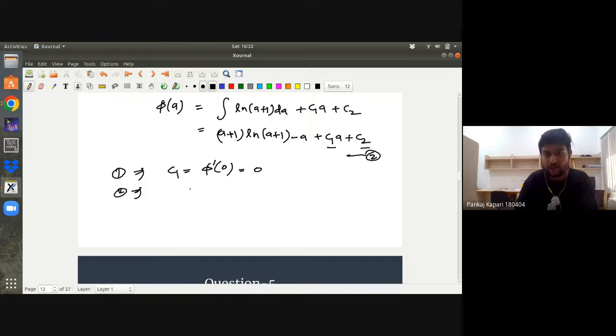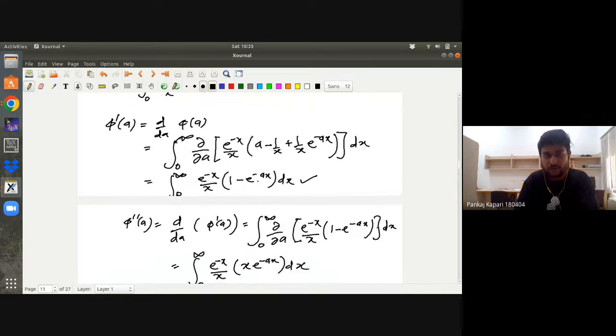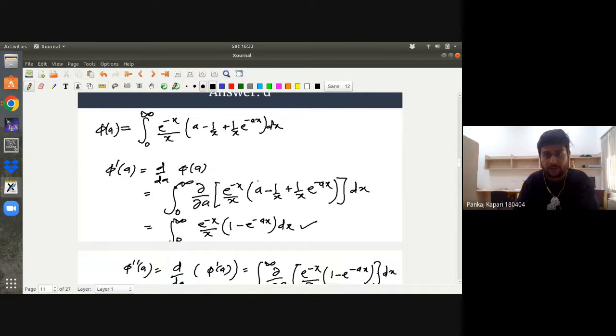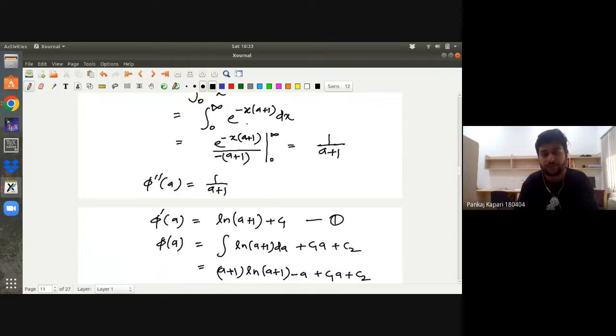What we get when you put a equal to 0, this log will become 0. Okay, we have shown that c1 is already 0, so we get c2 minus a. So phi of 0 is equal to c2 minus a. So what is phi of 0? So this was our phi function. If you put 0 here, you'll get again 0.